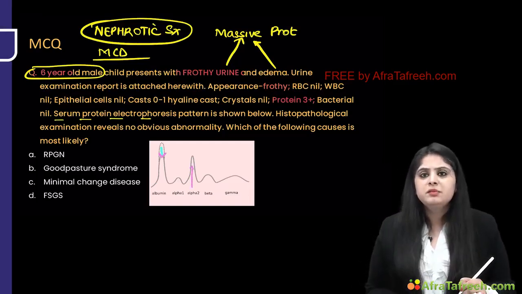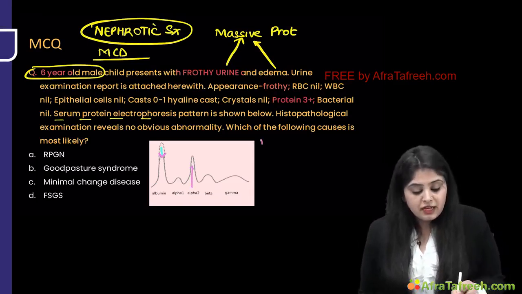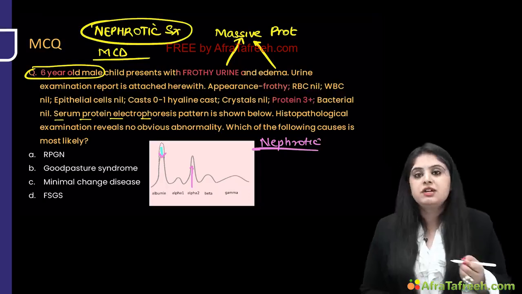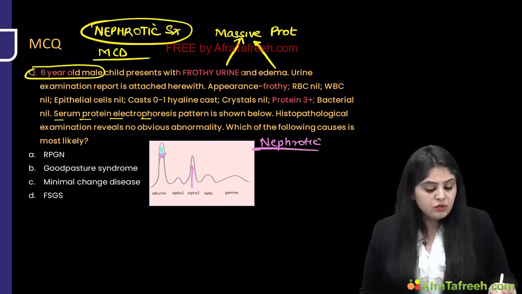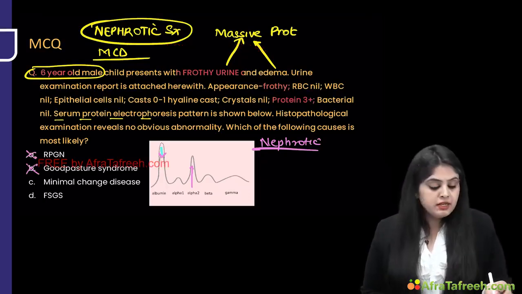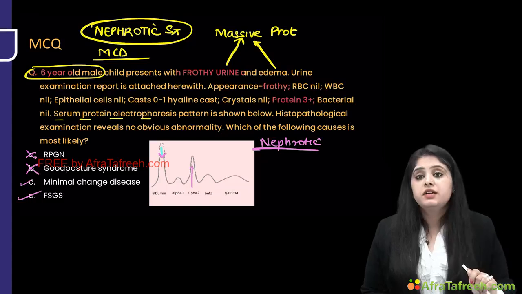Did I teach you this SPEP and I told you that this is classical for a nephrotic syndrome, and anyway from my history I know it's nephrotic. Which out of these is nephrotic syndrome? I know RPGN is nephritic, Goodpasture is nephritic, ruled out. Nephrotic are these two, but I have a kid in front of me.